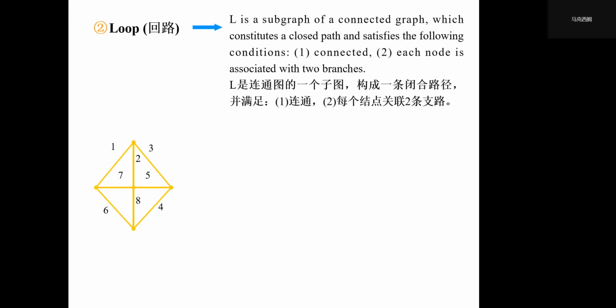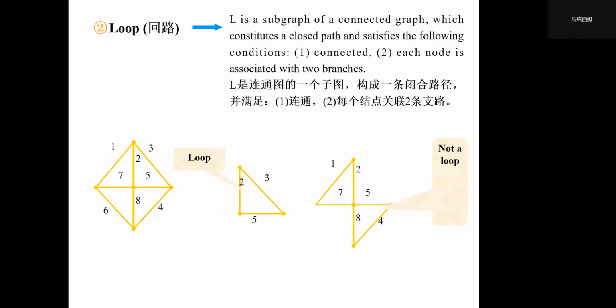We learned the definition of a loop, right? A loop is a subgraph of a connected graph that forms a closed path. It is connected, and every node is linked to two branches. That is what a loop is.